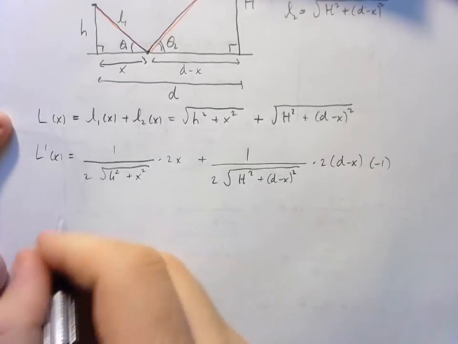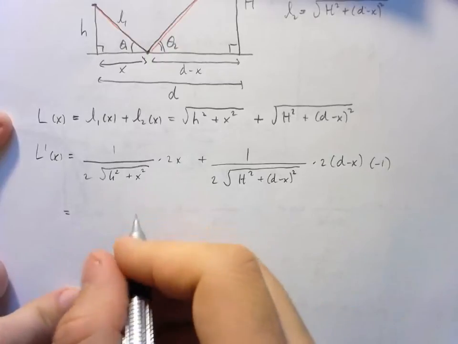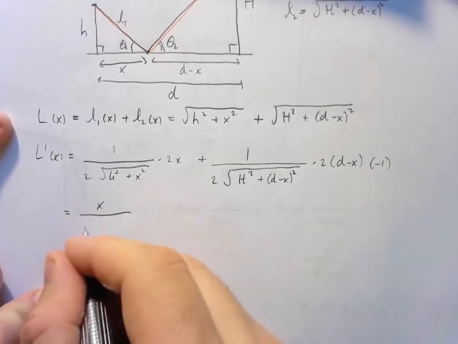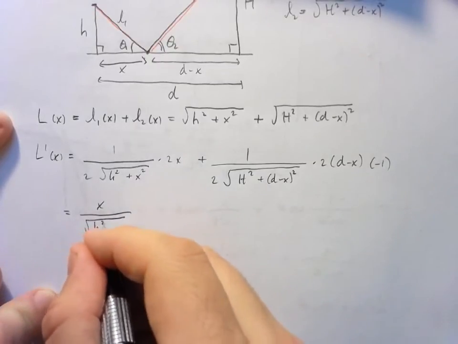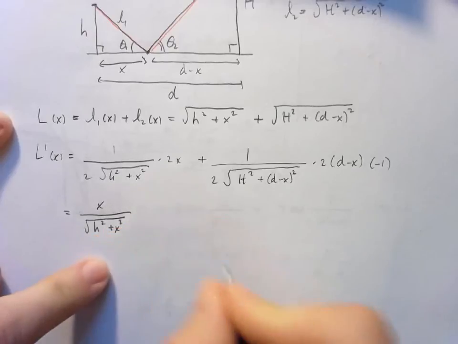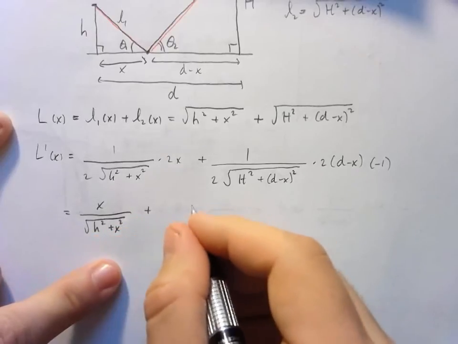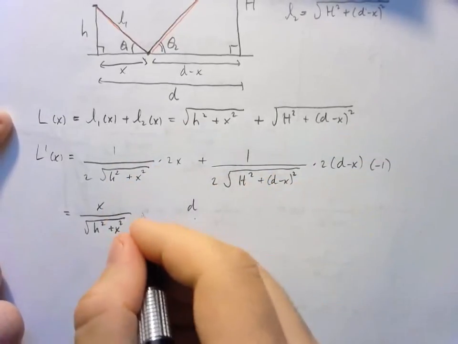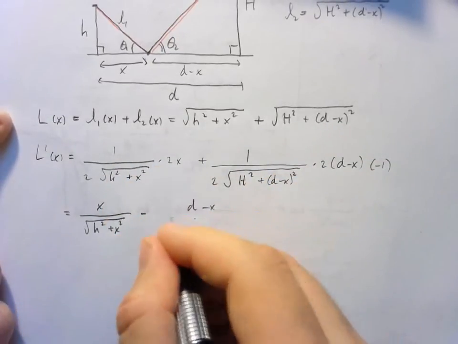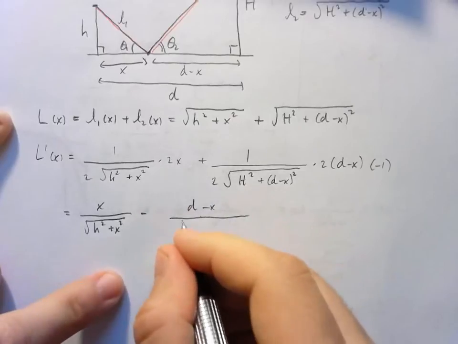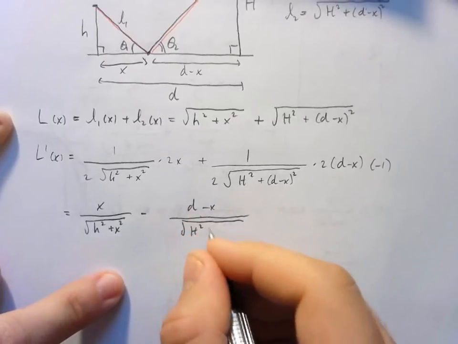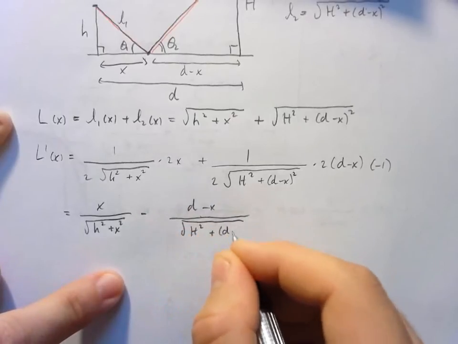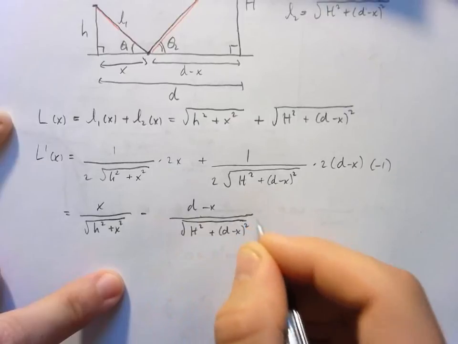Okay, so once I simplify some stuff, this is equal to x over the square root of h squared plus x squared, rather minus, d minus x over the square root of capital H squared plus d minus x quantity squared.